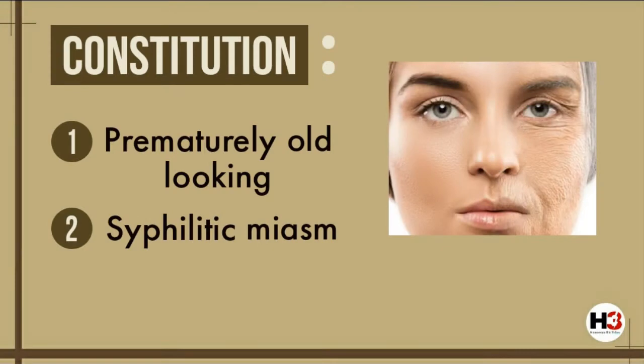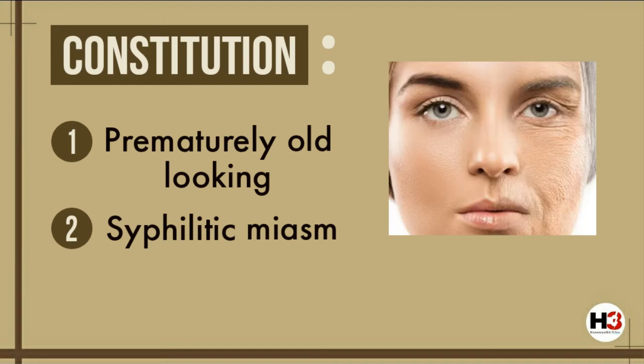The constitution or the physical look of a fluoric acid person is very important when it comes to prescribing this remedy. A fluoric acid person looks prematurely old. That is, he looks very thin, lean, weak and has premature graying of hair. This person looks very old compared to his age.